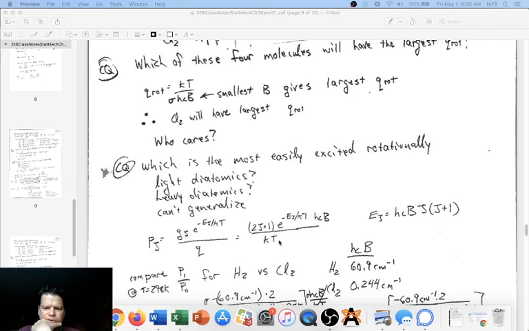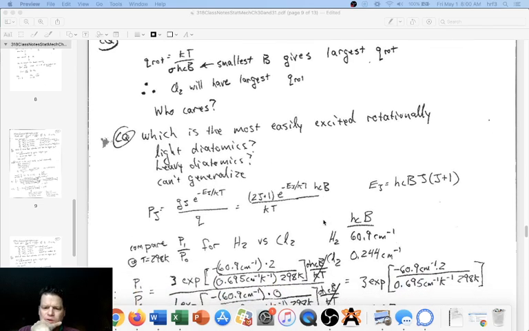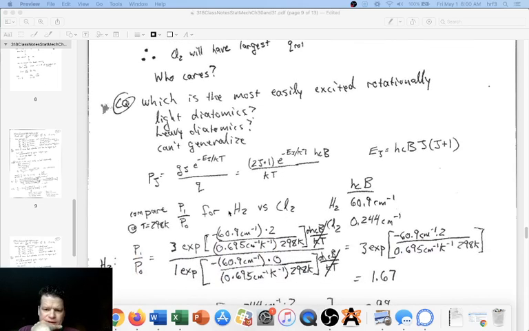And then the q has this kT over hcB, right? So dividing by q basically sends the hcB up here. Let's then compare the population in the first excited state to the ground state for these two molecules.